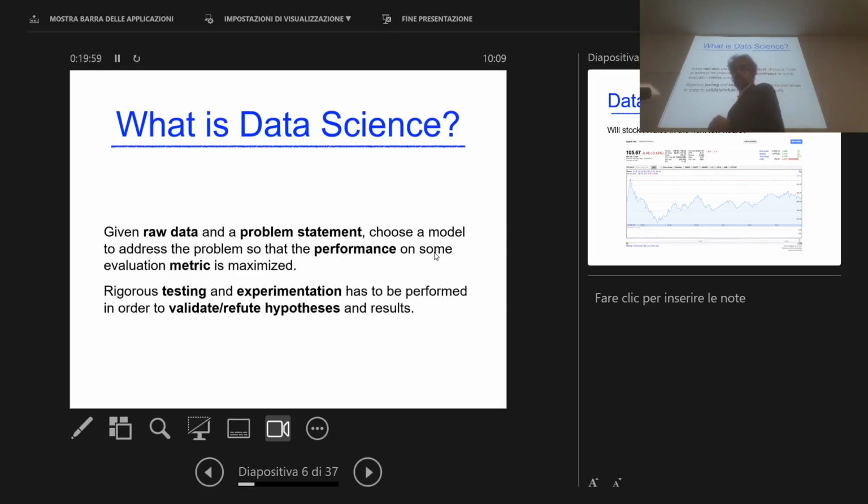there is the problem of how I can define the best model for that job, for achieving that goal. So usually you should define some evaluation metric, and obviously your goal becomes to choose the model that maximizes that performance metric.